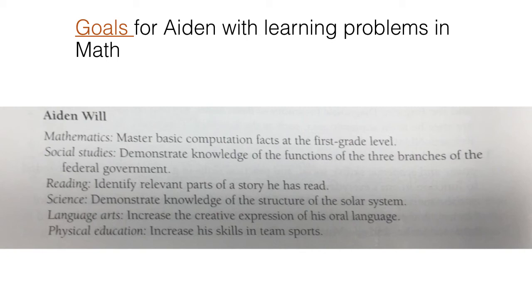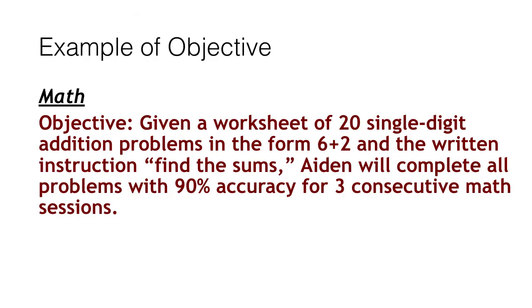But under this goal, your objective may look like this. Given a worksheet of 20 single-digit addition problems in the form 6 plus 2 and written instruction, find the sums, Aiden will complete all problems with 90% accuracy for 3 consecutive math sessions, right?